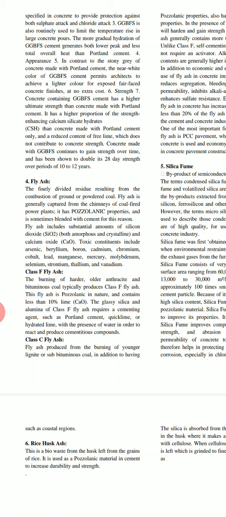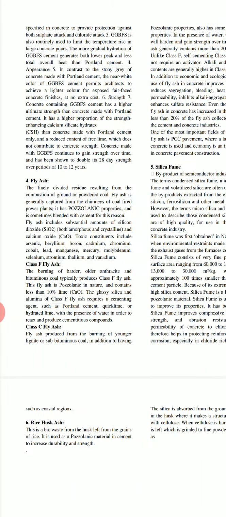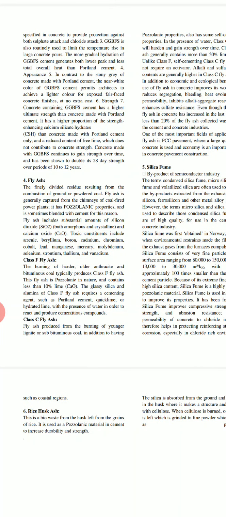The glassy silica and alumina of class F fly ash requires a cementing agent such as Portland cement, quicklime or hydrated lime, with the presence of water, in order to react and produce cementitious compounds. So class F we obtain from anthracite and bituminous coal.